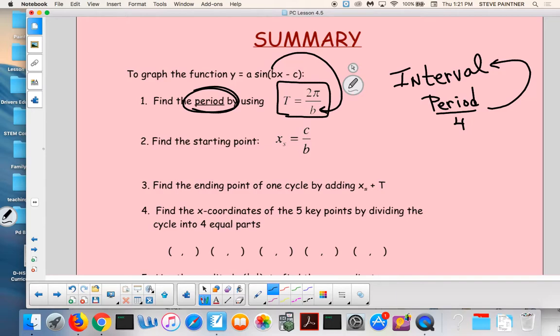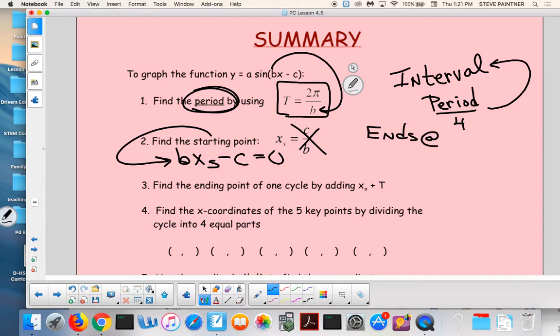Starting point, they just tell you what it is, c over b. I'm going to tell you, I'm just going to actually solve it. I'm going to go like this. The starting x value will be bx minus c, when is it what? Equals 0. So this is how you get the starting x value. And now how do you get the end, the last x value? I'll just say ends at, how do you get it?